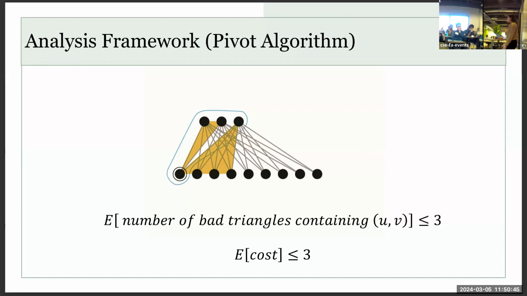So in order to apply this to our modified pivot algorithm, we need to make this expected result a little bit better, to beat 3. So we need to actually show that the expected number of bad triangles containing any pair is less than 3.